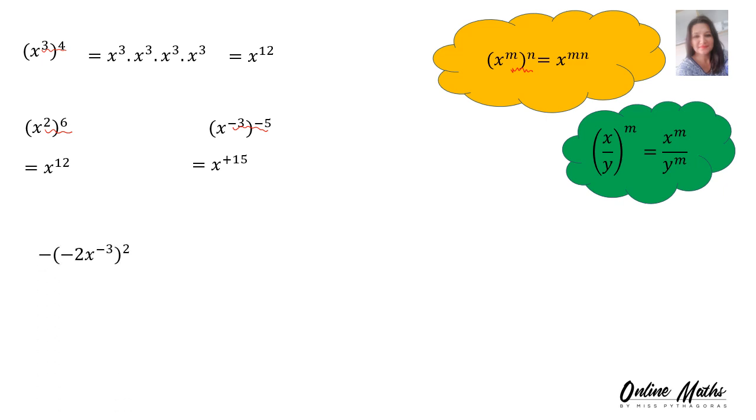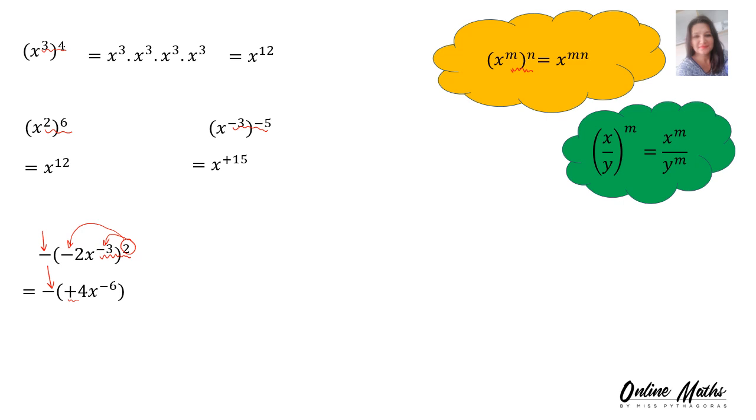Then on this one, we watch out with this negative. And now we're going to take this 2 and we're going to raise everything inside to that power. So the minus outside stays, negative 2 squared becomes positive 4, and then here on the exponent, negative 3 times 2 is negative 6.